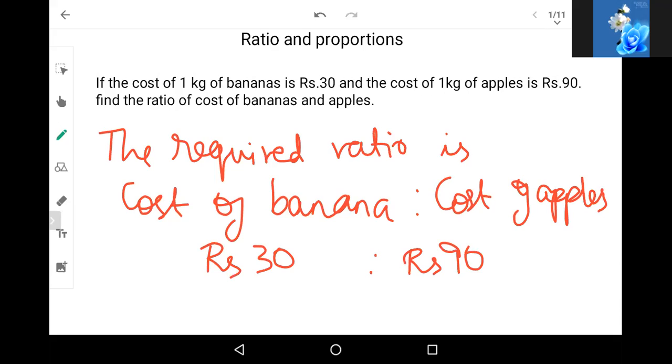So here I have 30 is to 90. First we will take out 0 and 0. So the ratio will become 3 is to 9. And then you can also do the cancellation from 3. So 3 ones are 3, 3 threes are 9. Therefore the ratio is 1 is to 3. Okay, everybody got 1 is to 3?